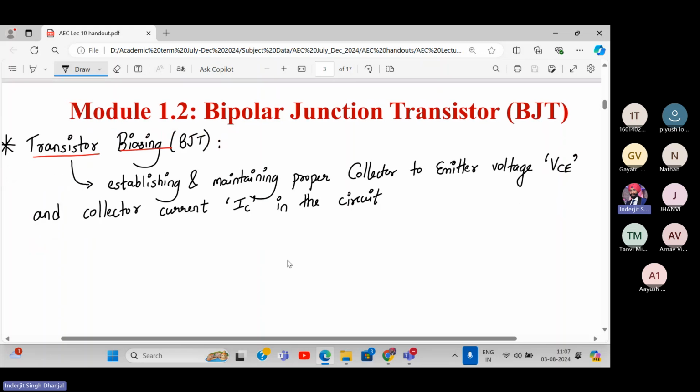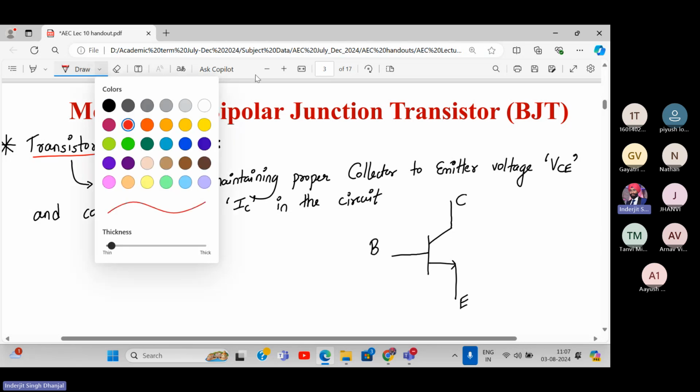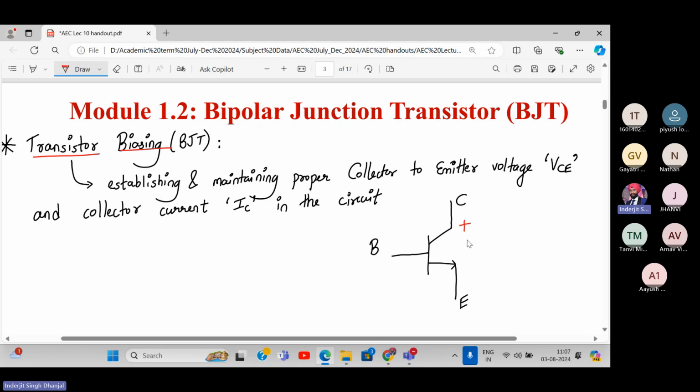Okay. So this is what you mean by transistor biasing. Now let me show you with the help of a symbol. So this is the symbol of a BJT. This is my collector terminal, base terminal, and emitter terminal. And what do you mean by maintaining proper VCE? Means this terminal voltage VCE, and the current IC, which is flowing into the collector terminal.